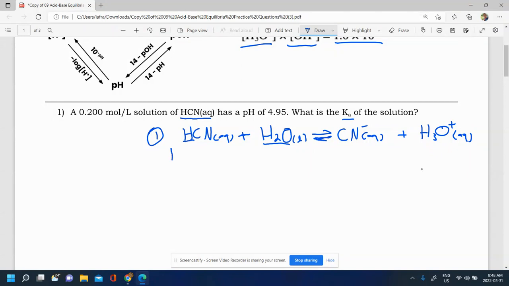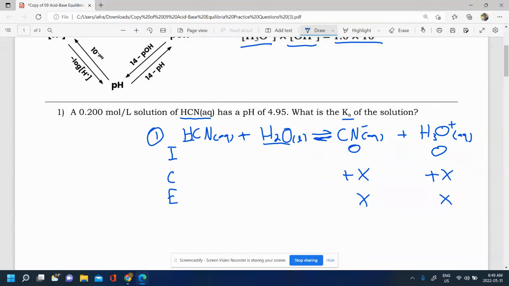So we'll have an ICE table here. And assuming that we just put the acid in, we'd have 0 of this, 0 of this, and our change would be based on the molar coefficients, plus x, x, and x.